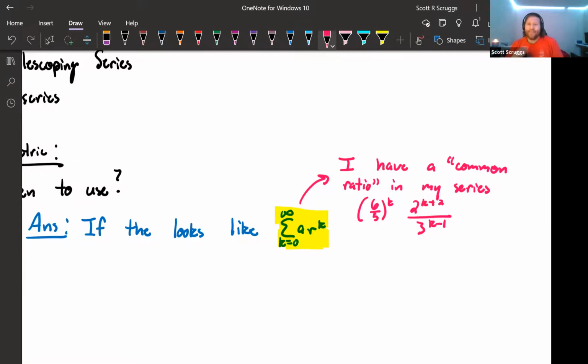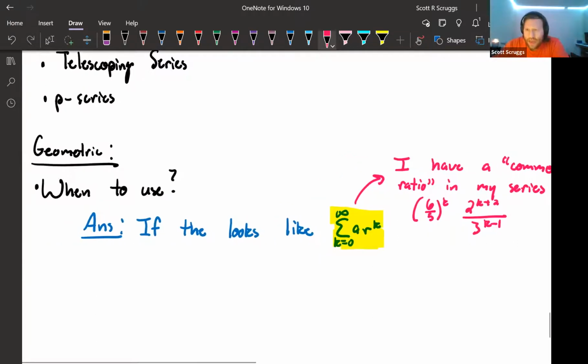If I see that, that tells me that using the geometric series test will be useful here. So that's when I know when to use it. Any questions about that, about when to use the geometric series test?